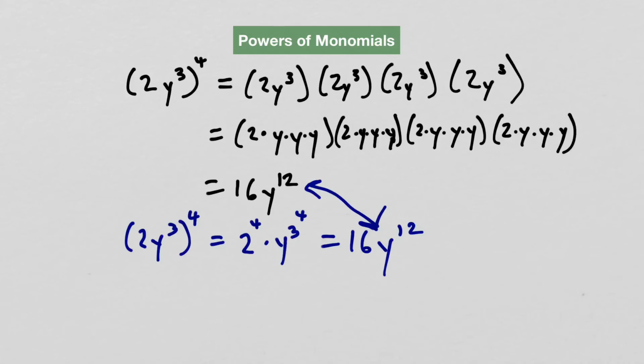Okay, so let's just do one or two more examples. So let's say we have x to the 2nd raised to the 2nd power. Okay, that is equal to x to the 2 times 2, which is equal to x to the 4th.